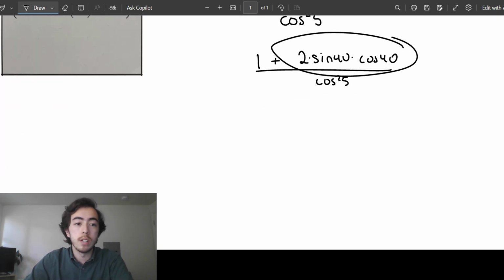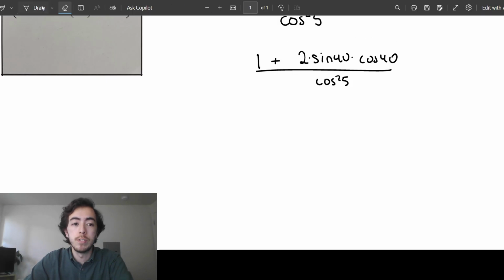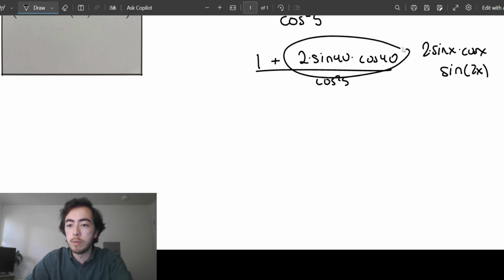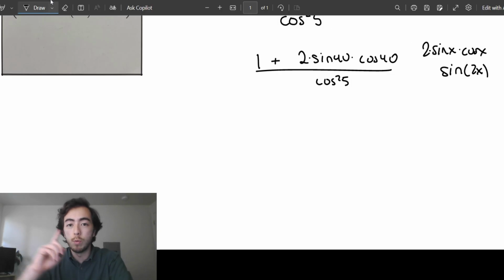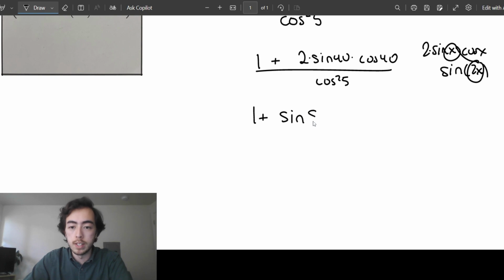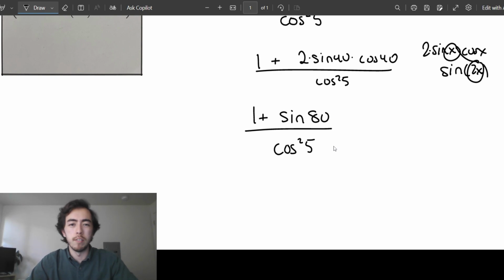And this right here is actually another trig identity. 2 sine x times cosine of x is equal to sine of 2x. And so this format lines up right here perfectly. And I can reduce it down to just one sine function as long as I take the angle here and double it. So I will do 1 plus sine of, and then double 40 is 80. And I still do have cosine squared of 5 in the denominator.